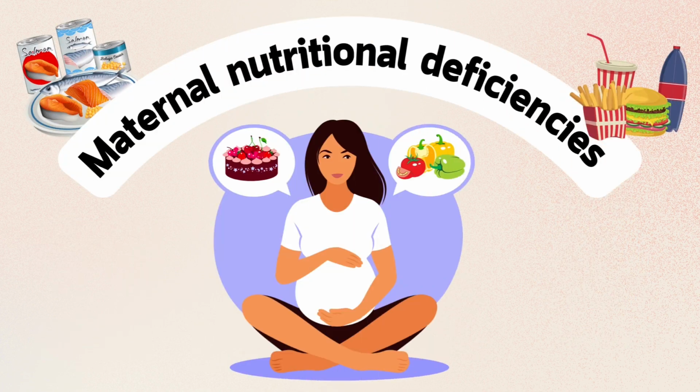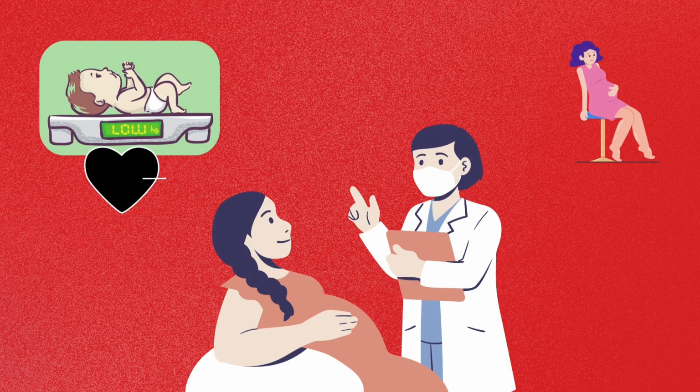The fifth factor is maternal nutritional deficiencies. Poor nutrition before and during pregnancy can have a negative impact on infant birth weight and development. Folic acid deficiency is associated with neural tube defects.